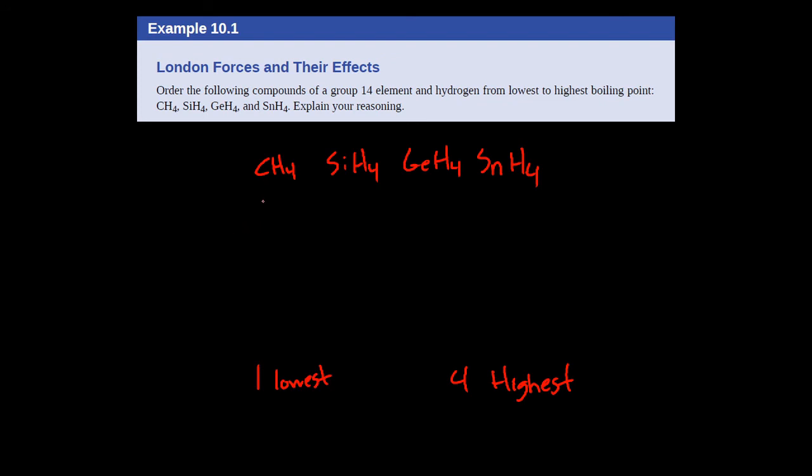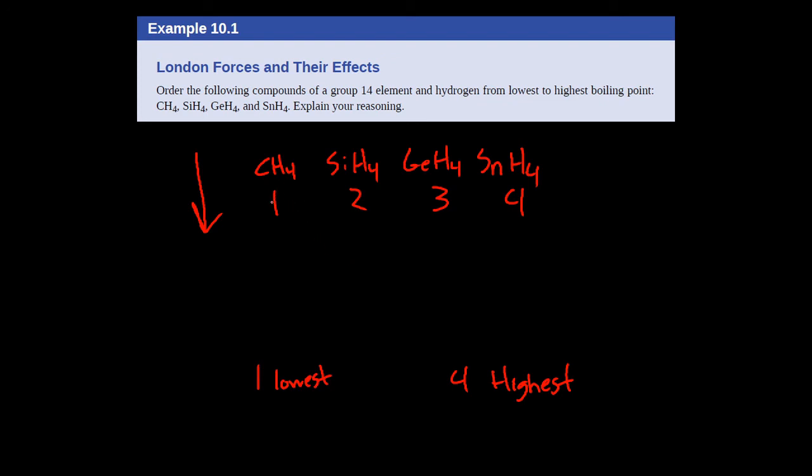Alright, I hope you gave that a shot, and I also hope that you came up with the order 1, 2, 3, 4. If you look at the periodic table, the order that it's giving you here is just starting with carbon and then working your way down column 4A or 14, depending on which periodic table you're looking at.